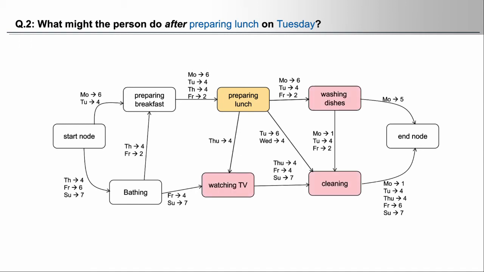Then we iterate through the successors of the graph node as we are interested in what activities follow the activity preparing lunch. For each successor node, we check if the edge connecting preparing lunch and the successor node contains Tuesday in its edge weight. The application filters out the successor nodes in which that is not the case.